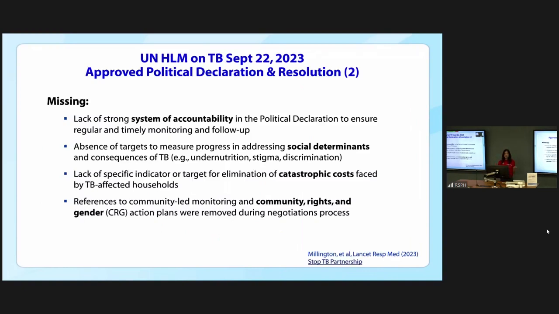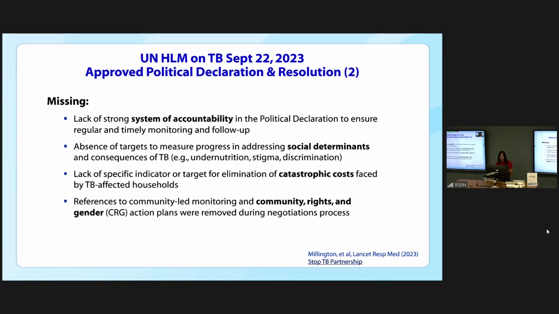So the political declaration was really met with a lot of enthusiasm. It was signed off on, and it's really wonderful and ambitious. Like I said, there are some gaps, of course, that people wanted to see and didn't come through. There often is negotiating that happens and things fall out. So the accountability for monitoring and follow-up was not felt to be as strong as it could have been.